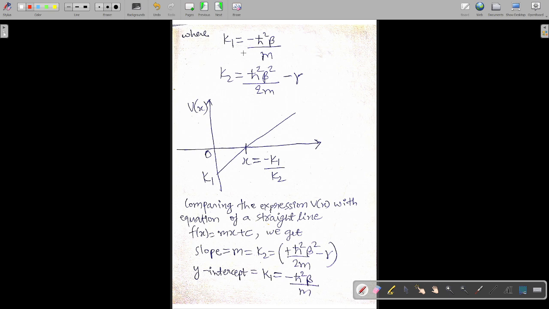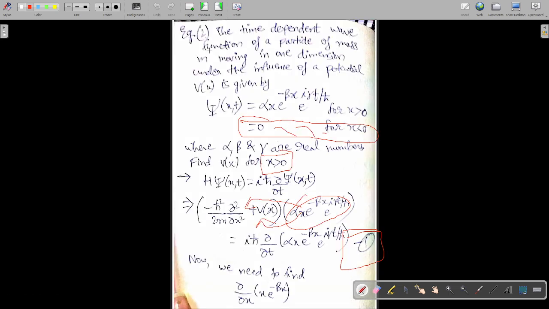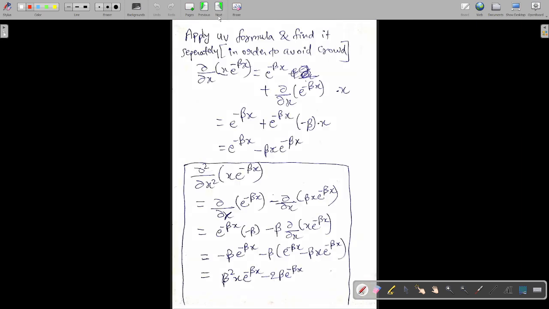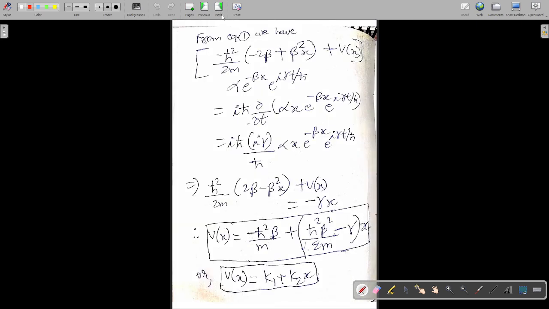If you want to overcomplicate your problem, you can go for beta negative. But that is not the requirement, because the main question has already been solved when you found out the v of x value. The problem is up to here only.